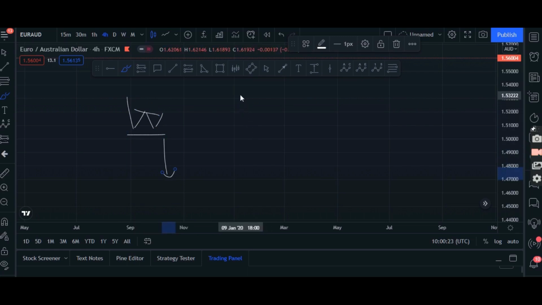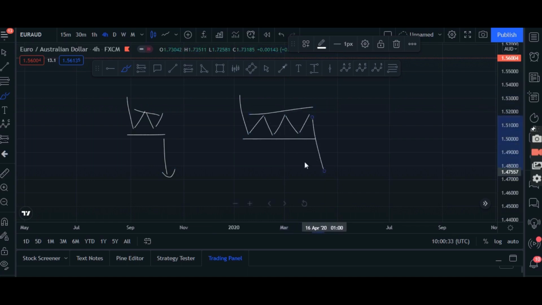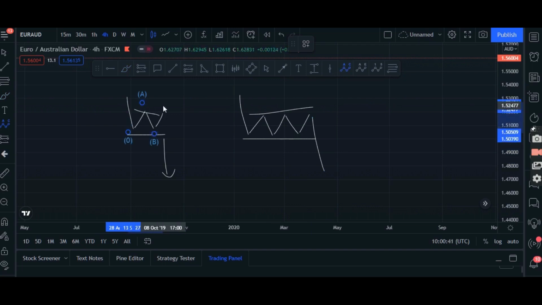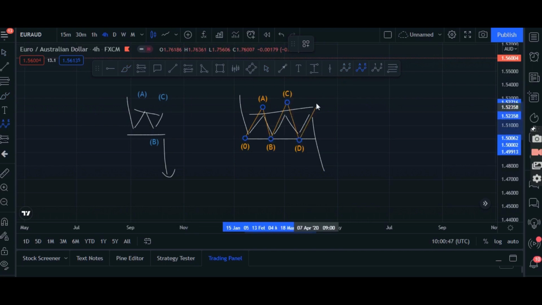It's impulse, correction, and impulse. I think, guys, you can spot the difference here: this is 0, A, B, C, and this has more than just that. These are the different continuation patterns that you get within the market, right?